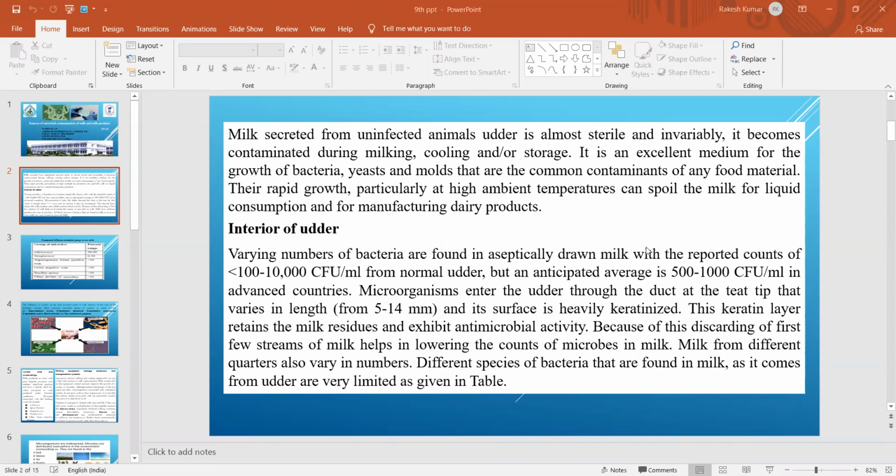As all of you know, when milk is secreted from an uninfected animal's udder, it is almost sterile and it becomes contaminated during milking, cooling, and storage.